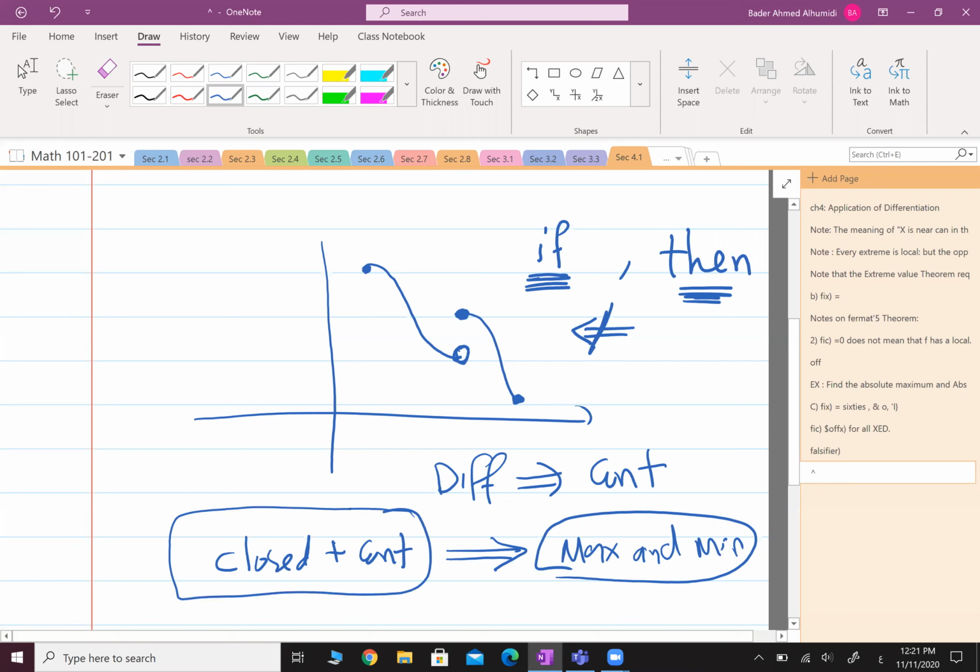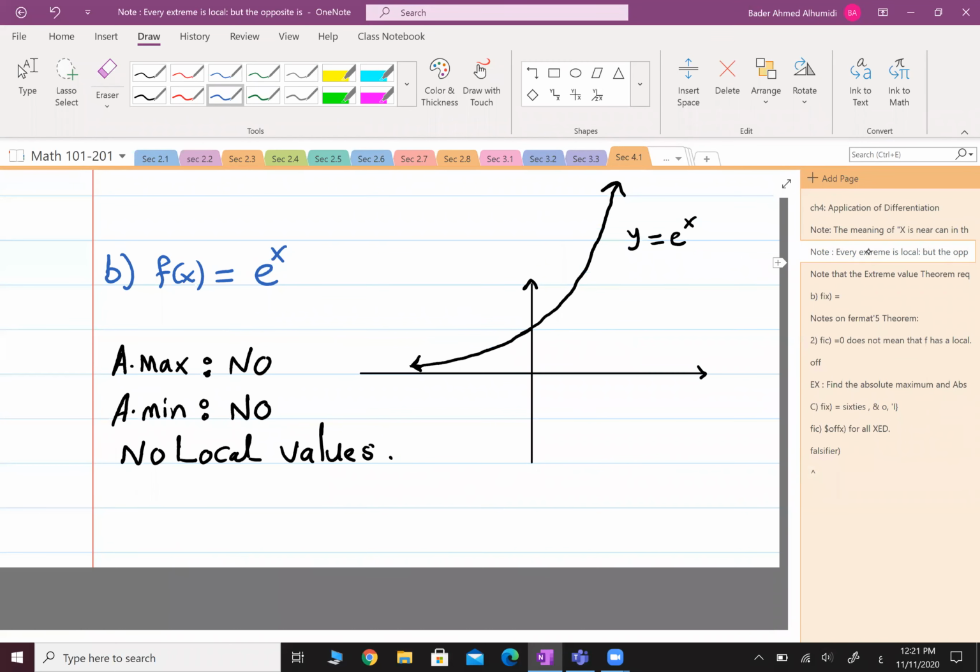Yes. ما عندنا maximum ما عندنا minimum for sure the function will not be continuous or the interval will not be closed. وضحت الصوره الان؟ هاي تسمى الاكستريم فاليو ثيورم.